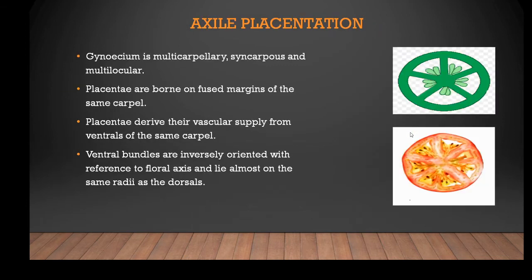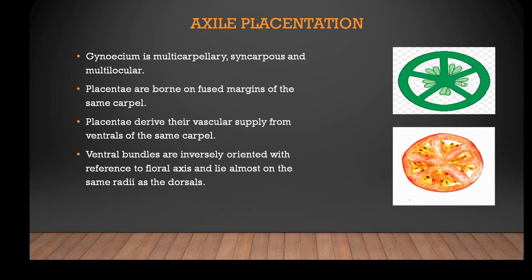Next, axile placentation. These are the criteria which we can apply to axile placentation. If the gynoecium is multicarpellary, syncarpous and multilocular, placentae are borne on fused margins of the same carpel. In this picture you can see the fused placentae.